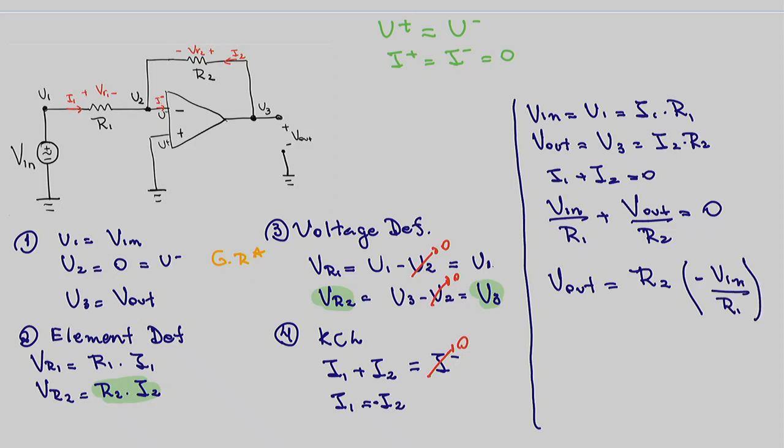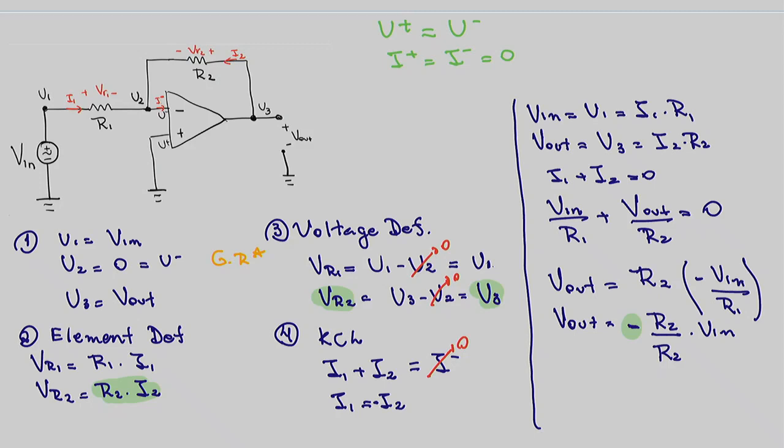But I still want to have a simpler relationship, so I'll just say V out, just massaging the equations here, is going to be minus R2 over R1 times V in. And the nice thing that appeared here is this minus.